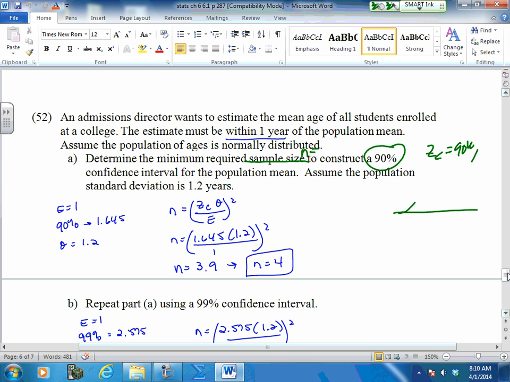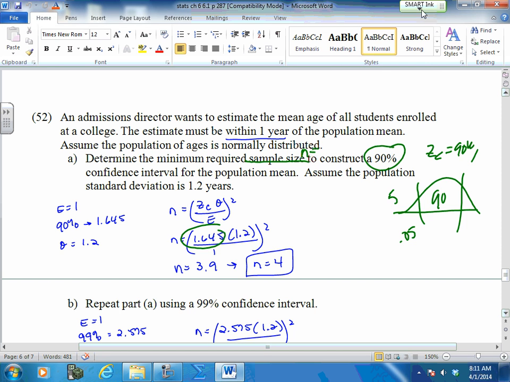So 90 is here. How much is left? 10. How much in each wing? 5. So do an inverse norm on 0.05 and you get your zc. They gave you your standard deviation, and yeah, this is a really small one. Very small one. Normally you don't keep a sample size of 4, but that is your minimum size required.